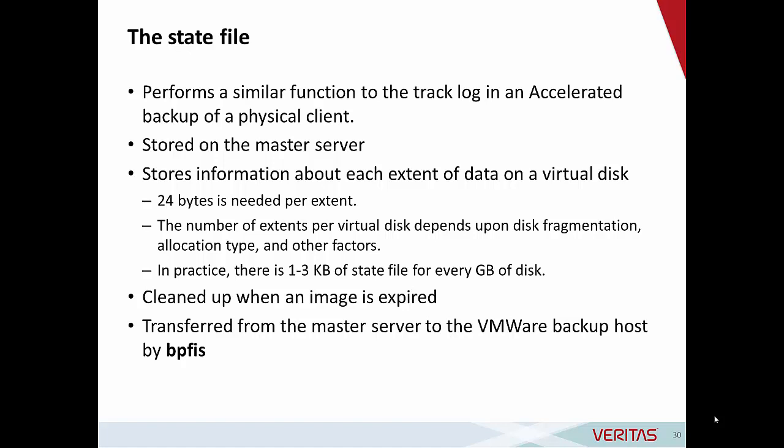As a general example, there's usually about 1 to 3 kilobytes worth of state file for every gigabyte on disk. And these state files get automatically cleaned up if the image is expired, and they're transferred from the master server to the backup host by the BPFIS process, something you really only need to know usually if you're troubleshooting.